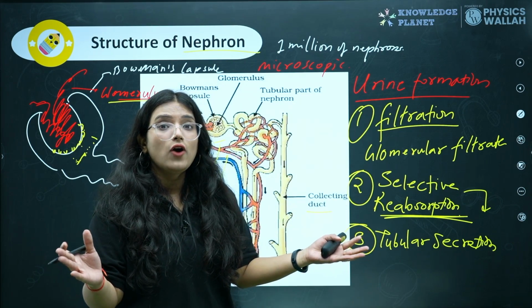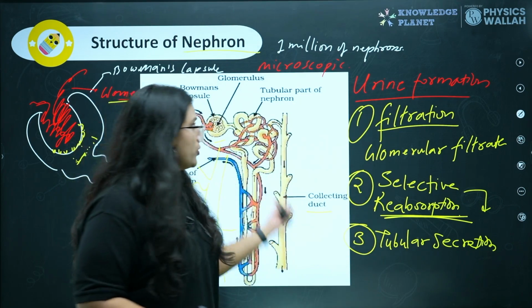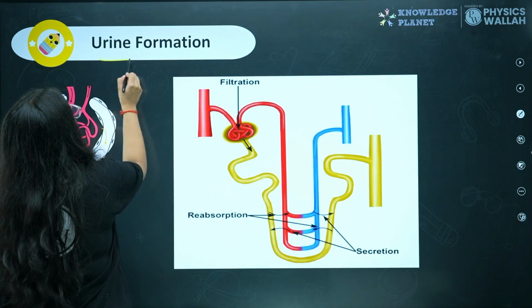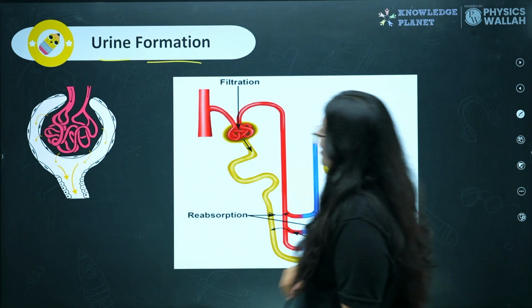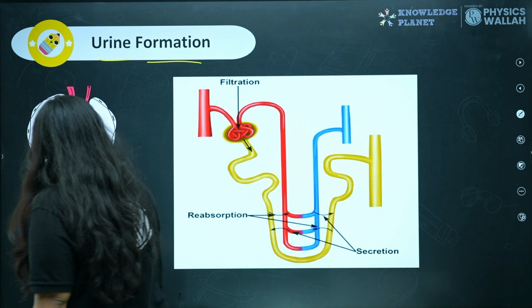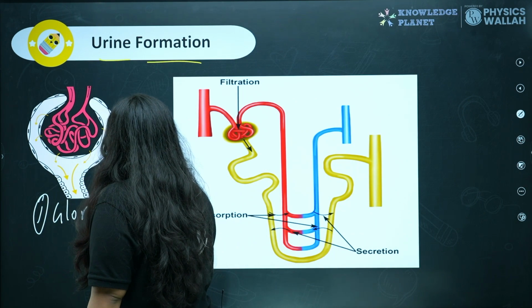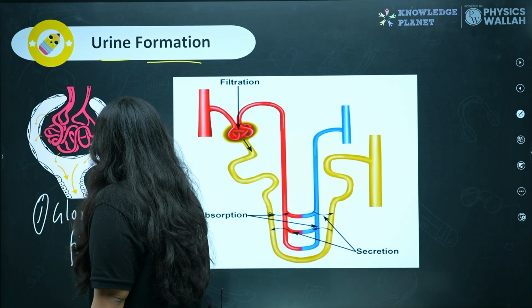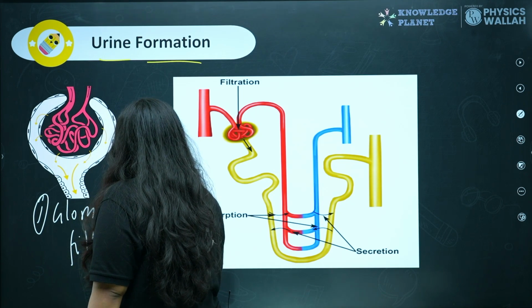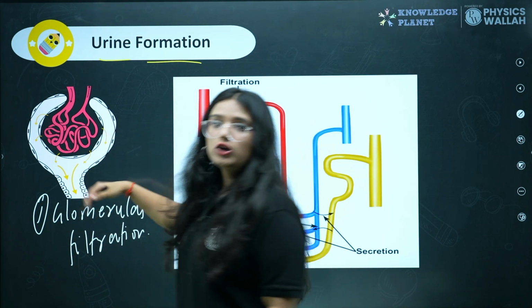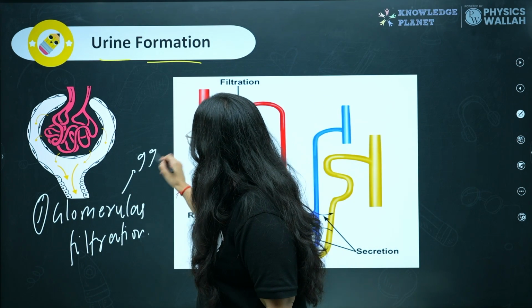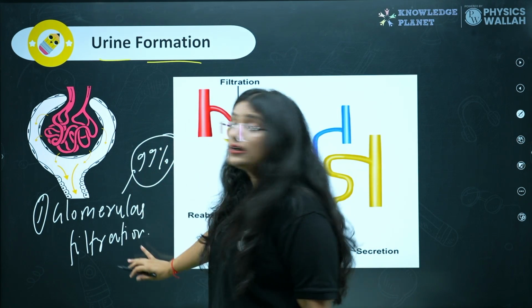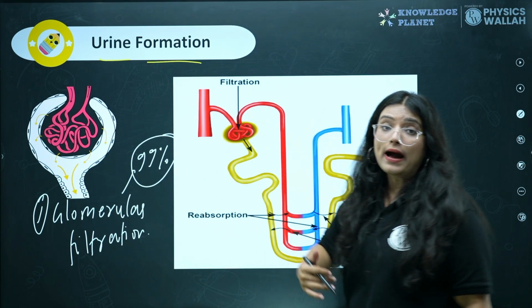And where is the urine formed? It is formed in the kidney. So let's recap urine formation. The first step is glomerular filtration, forming the glomerular filtrate. Of course most of the useful products are absorbed, so 99% of this filtrate has to be reabsorbed back into the blood.